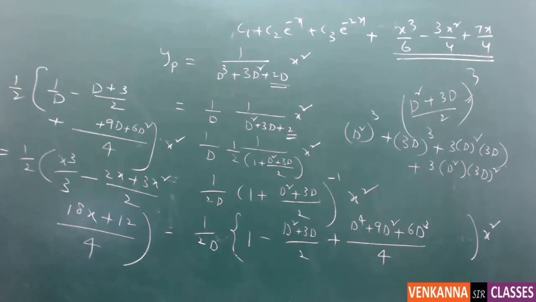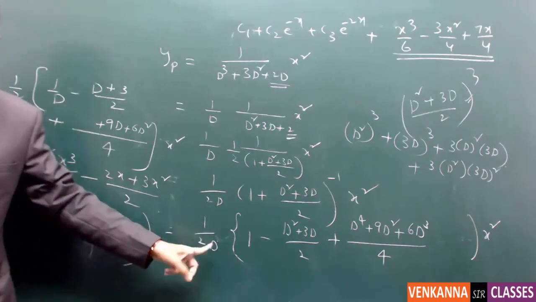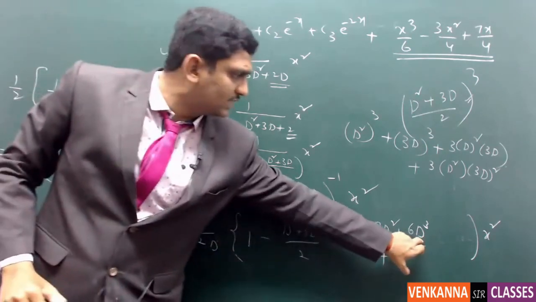That is why I mentioned, whenever x square, x cube things are given, then obviously you will have a mismatch always with the constant. See, since 1 by d is there, I have multiplied with d, so 6d square will come there.